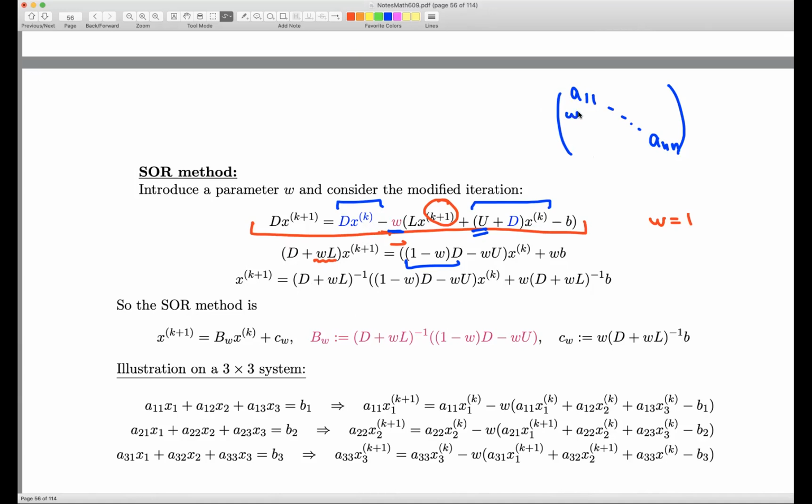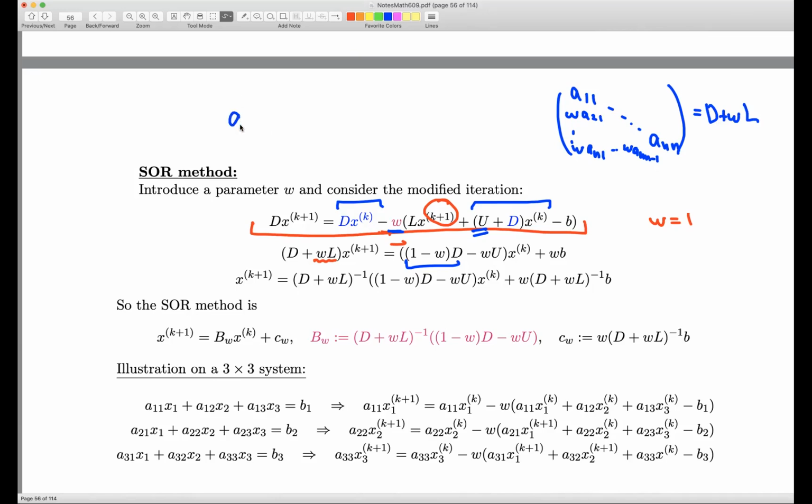So then we'll have here omega a21, and so on, omega an1, and so on, omega an,n-1. So this will be the matrix D plus omega L. And notice that this matrix also will be invertible.